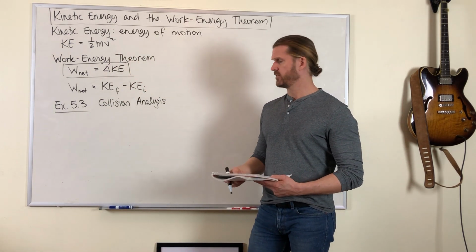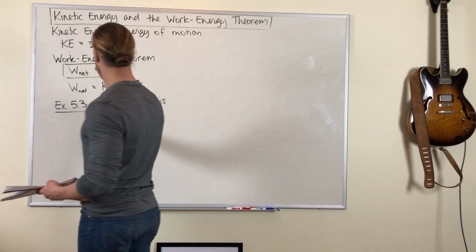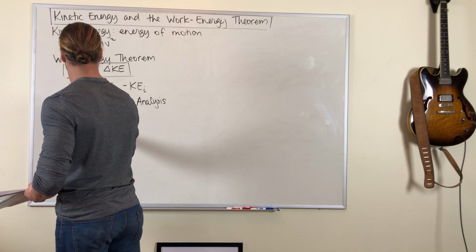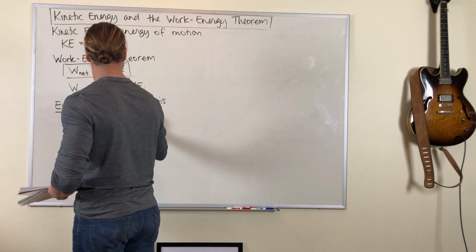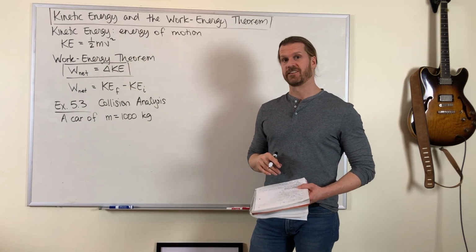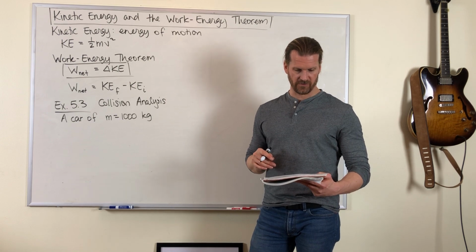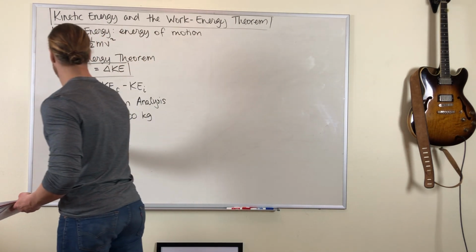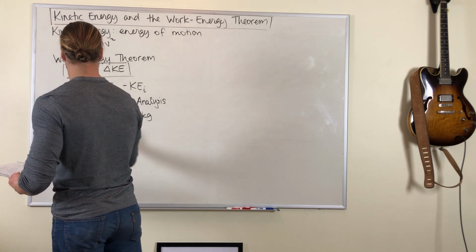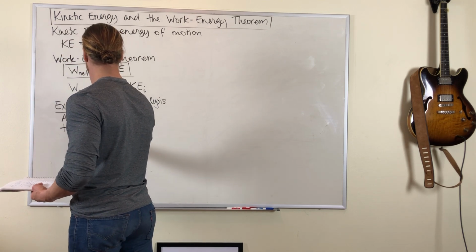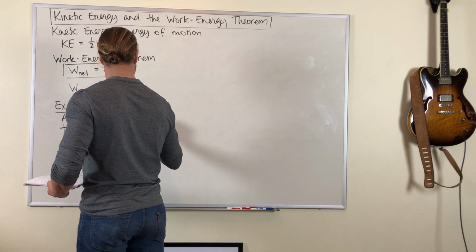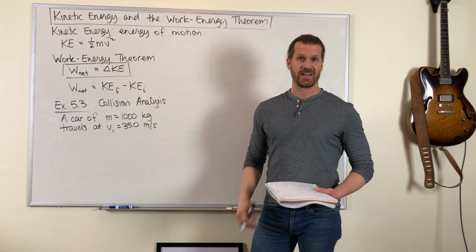So let's say that we have a car of mass 1,000 kilograms that's initially traveling at 35 meters per second. That's somewhere around 80 miles per hour.